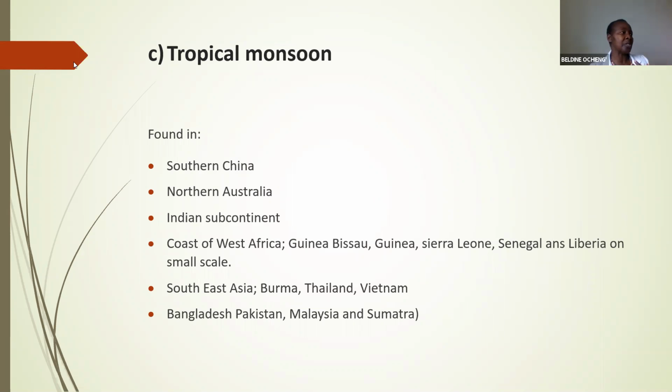Remember, we started with the equatorial climate, equatorial monsoon. Now we are on tropical. We are away from the equator. Tropical monsoon. Areas where this is found: southern China, northern Australia, Indian subcontinent, coast of West Africa, Guinea-Bissau, Guinea itself, Sierra Leone, Senegal, and Liberia on small scale.